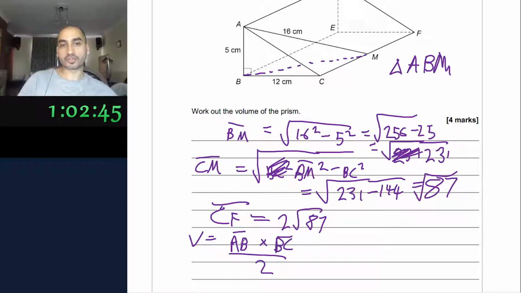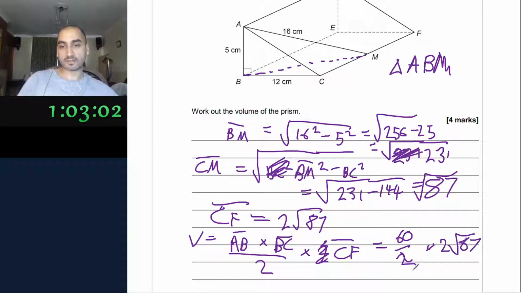That's the area of the triangle multiplied by CF equals 5 times 12, so 60 over 2 times 2 root 87 equals 60 root 87.